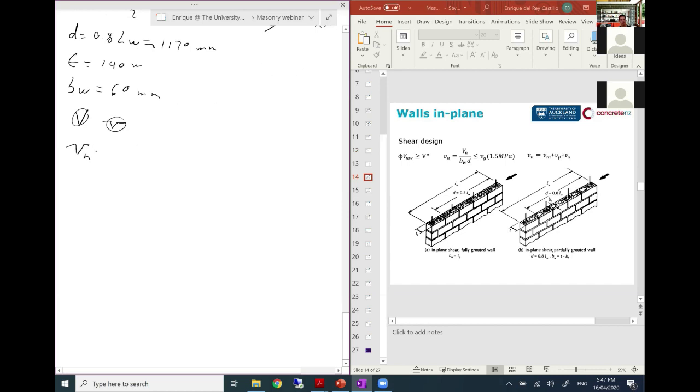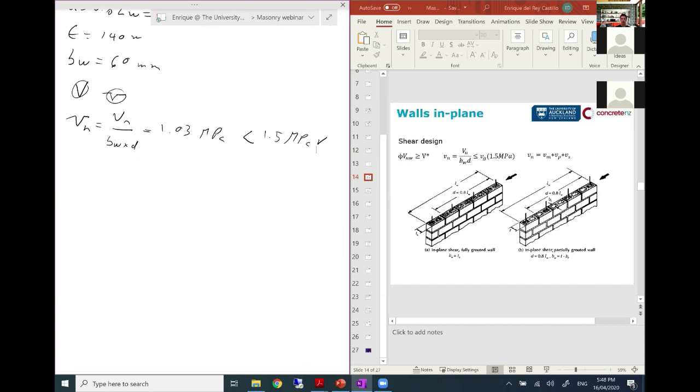So my vn is equal to the force divided by my area, and this is giving us 1.03 MPa. This is smaller than 1.5, so the first check is passed. It cannot be larger than 1.5. If it was larger than 1.5, then we need to increase the size of the wall.